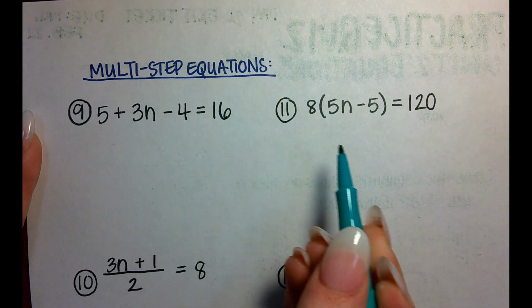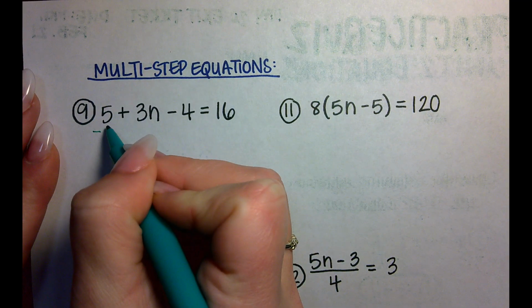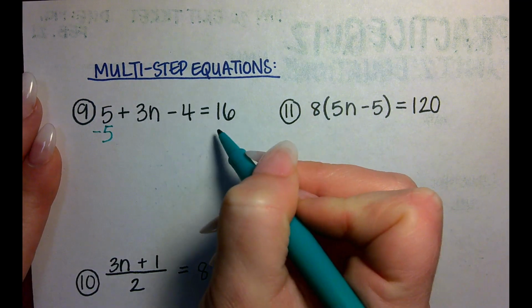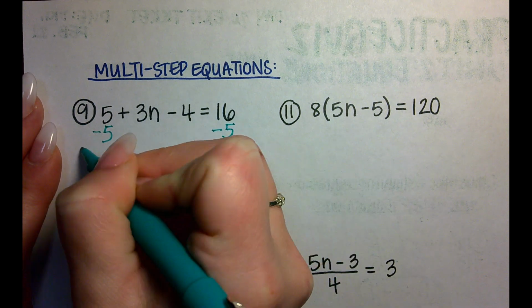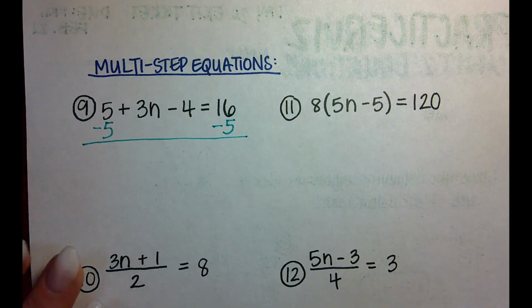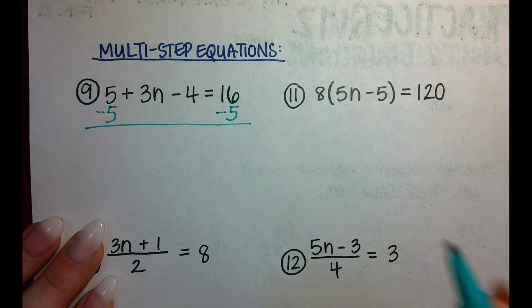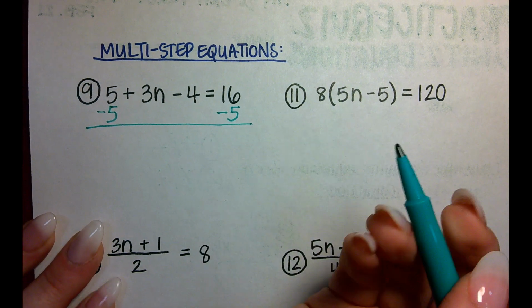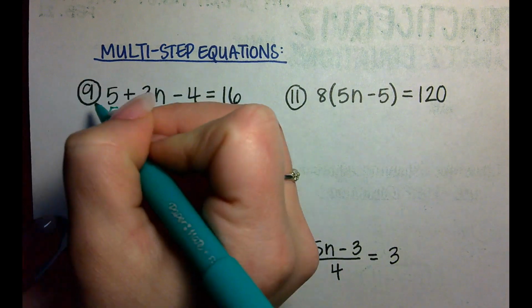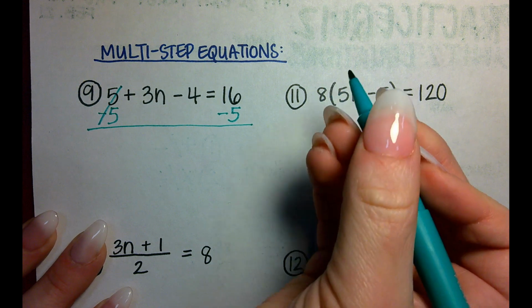Let's do left to right. I'm going to start with minus 5 on both sides. When I subtract 5 from both sides, what happens? The 5's cancel out. The rest of your problem comes down.